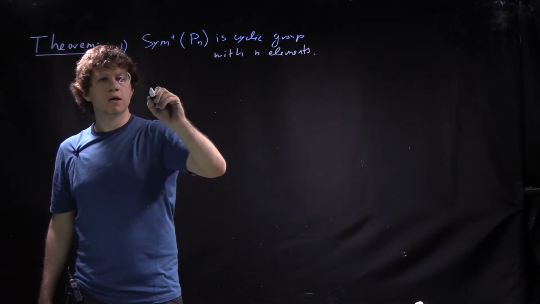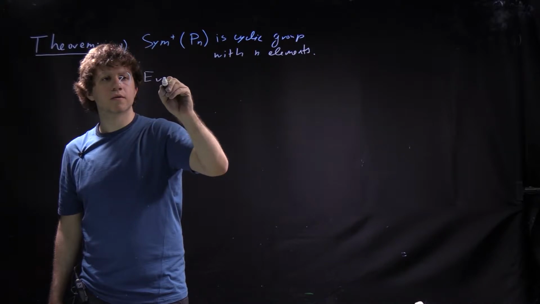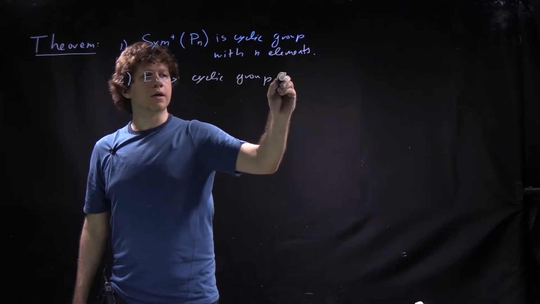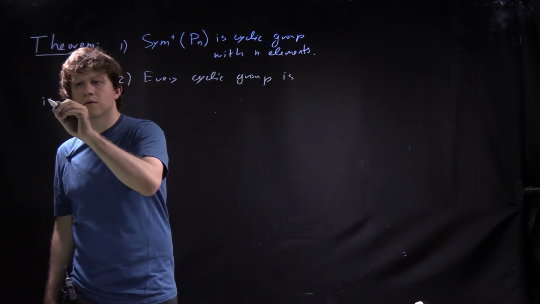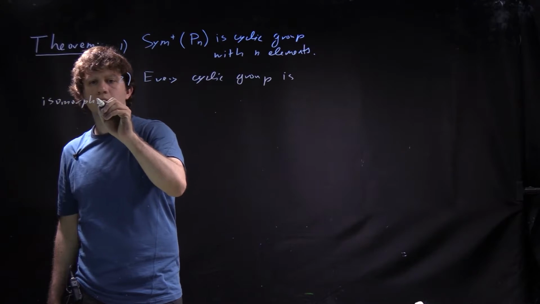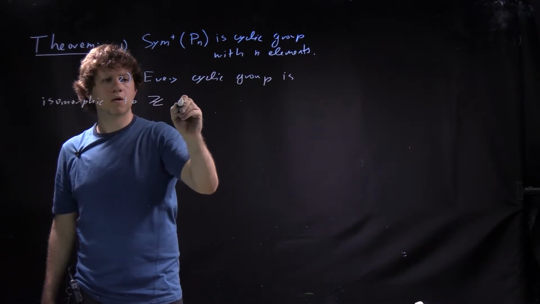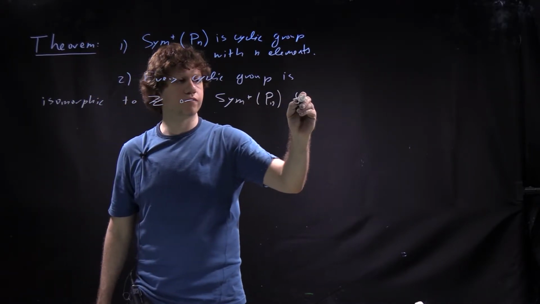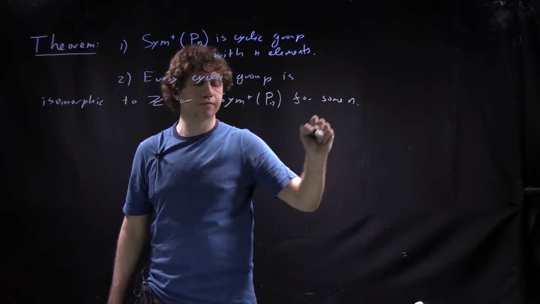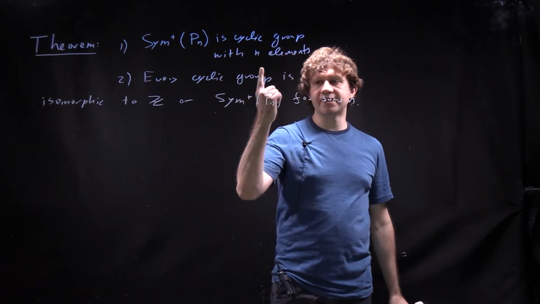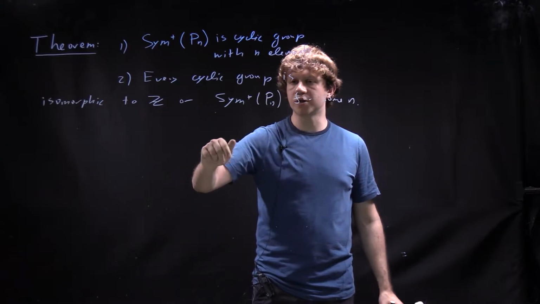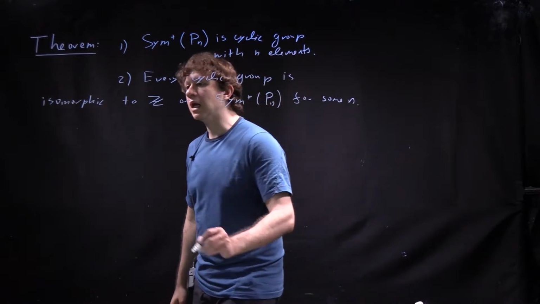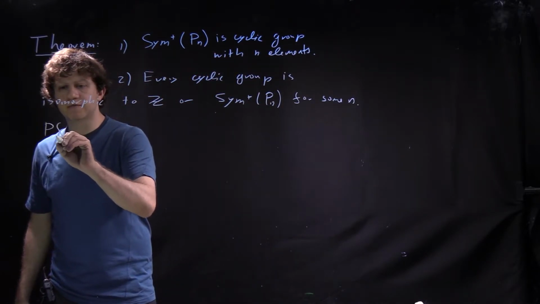And also every cyclic group is isomorphic to Z or Sym+ of Pn for some n. So basically for each number of elements, countable or finite, there exists exactly one cyclic group with this number of elements. So the proof is actually quite straightforward.